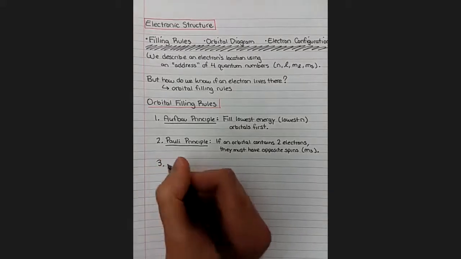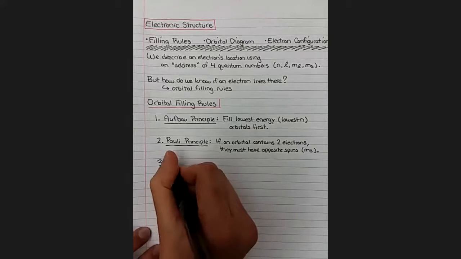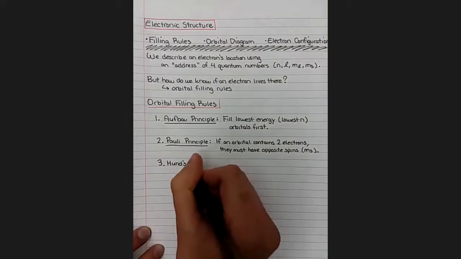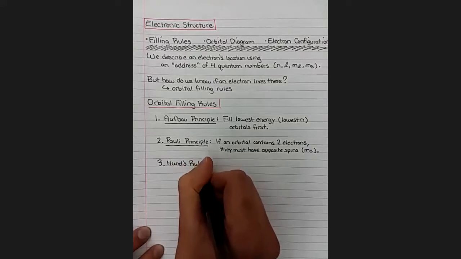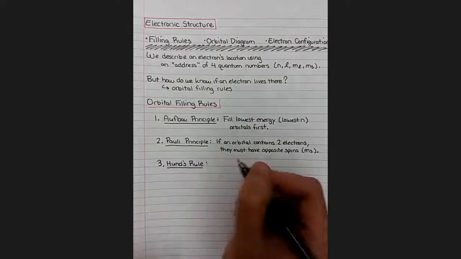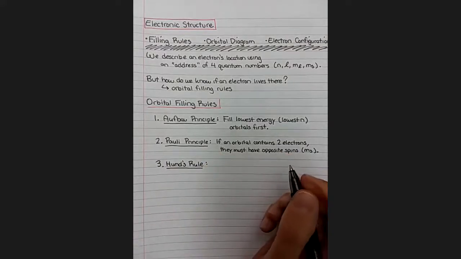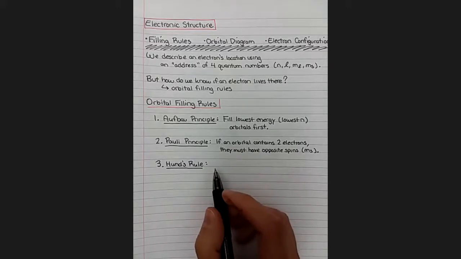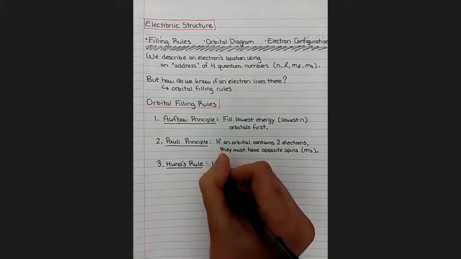Number 3 also has a name, named after the scientist who wrote it, and it's called Hund's rule. And this rule tells us how to decide which orbital to put an electron in when we have multiple orbitals of the same energy to choose from.